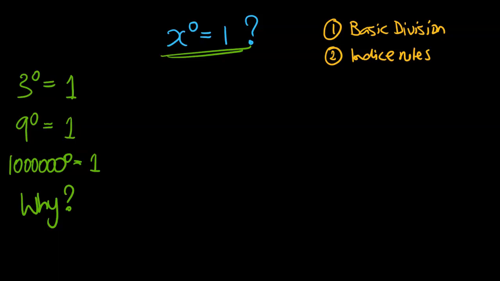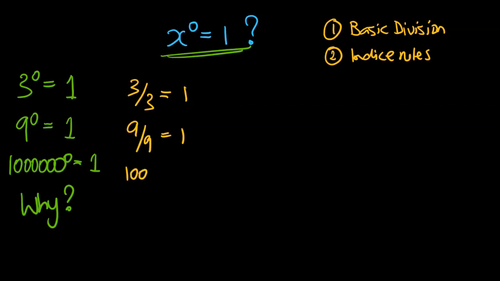So my first step is to look at this basic division. Using the numbers before, what is 3 divided by 3? Hopefully you get 1. You can check that on your calculator if you need to. Any number divided by the same thing is going to be equal to 1. If we did that with our 9, 9 over 9, we get the same result.